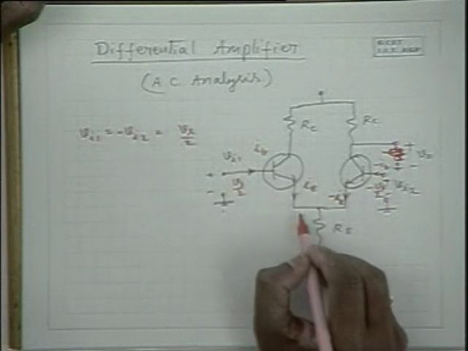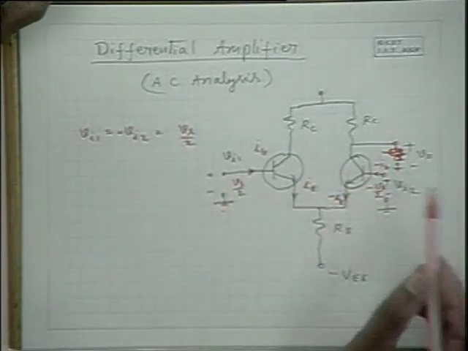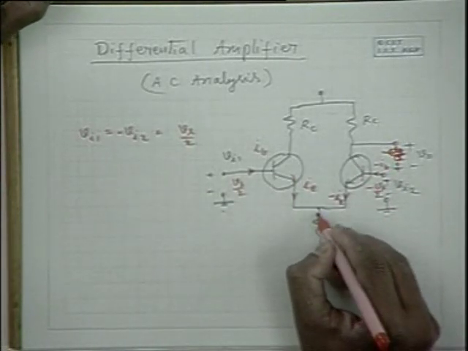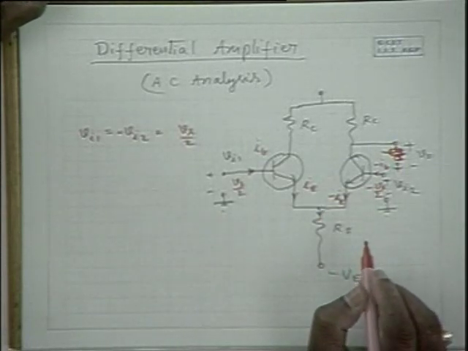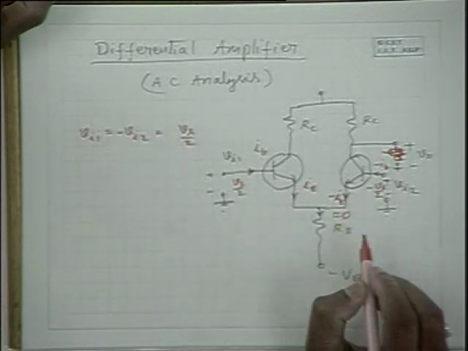Since an IE flows here and minus IE flows here because the signals are opposite in phase, what is the net alternating current flowing through the resistance? The net alternating current flowing through this resistance is 0.